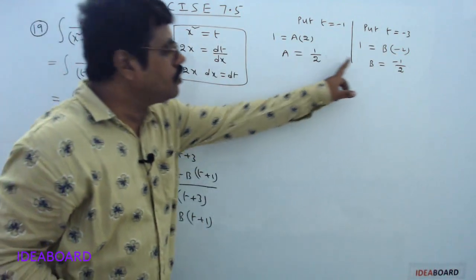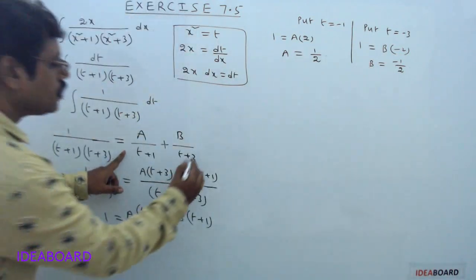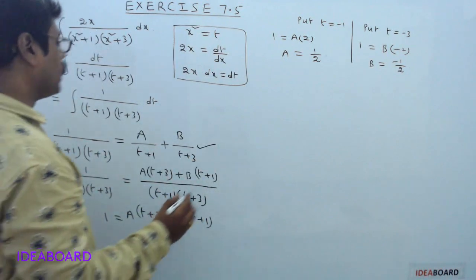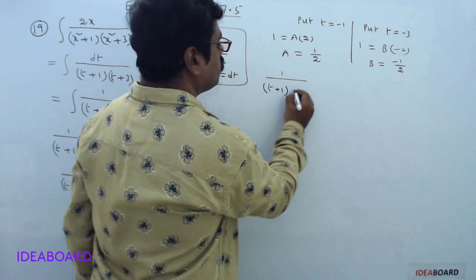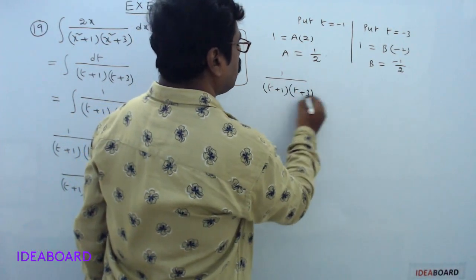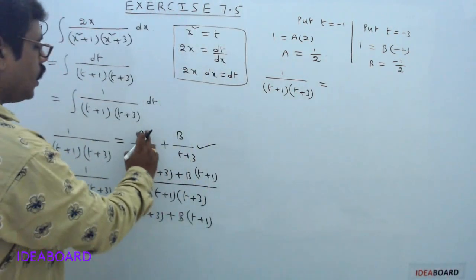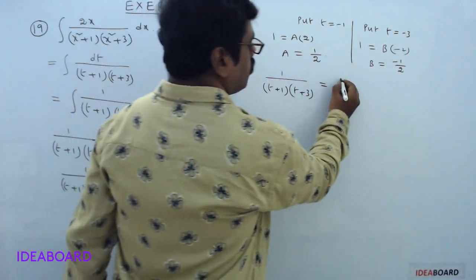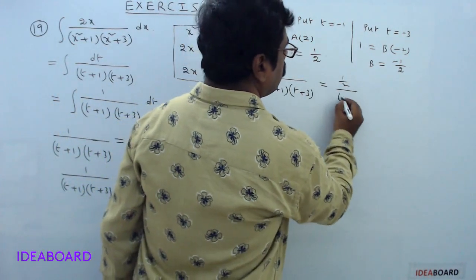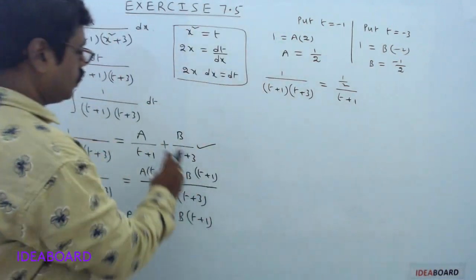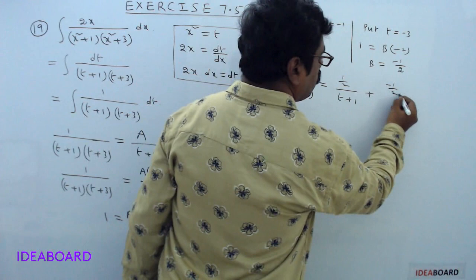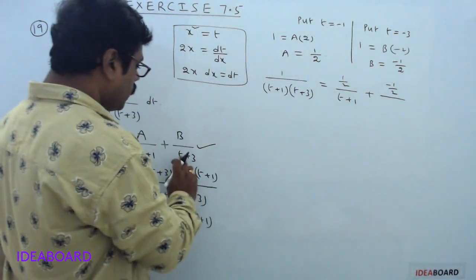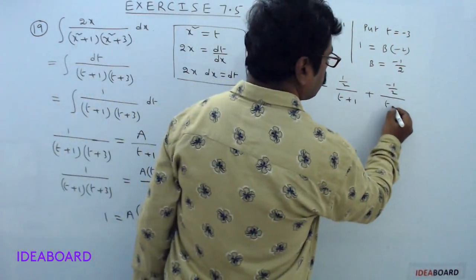Now substitute the values of a and b in this equation. So 1 divided by (t plus 1) into (t plus 3) equals a divided by t plus 1, a value 1 by 2 divided by t plus 1, plus b value minus 1 by 2 divided by t plus 3.